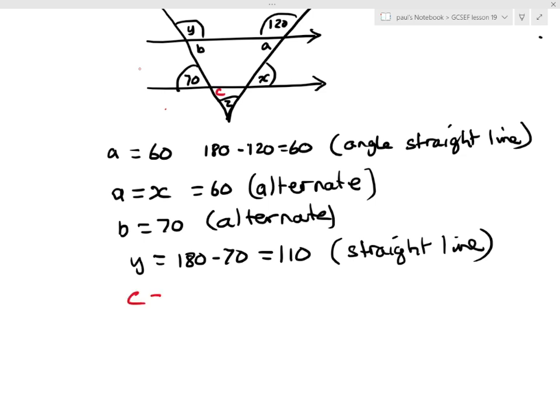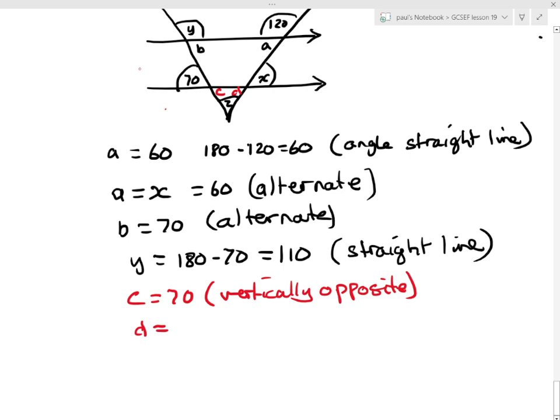So C equals 70 because it's vertically opposite. Brilliant, yes. And D equals X. Now what was X? X was 60. D equals 60 also because it's vertically opposite.